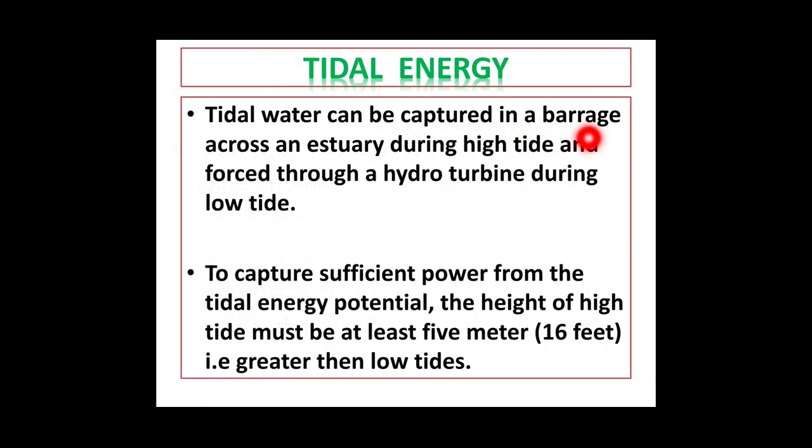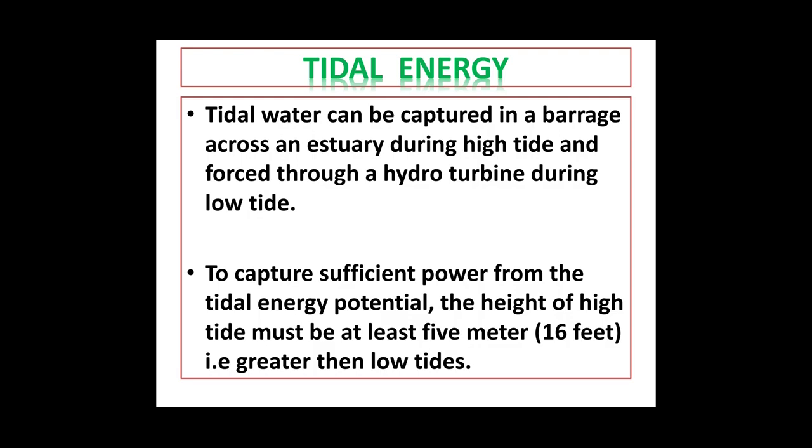Tidal water can be captured in a barrage across an estuary during high tide and forced through a hydro turbine during low tide. So the gap between high tide and low tide is a potential for tidal energy.